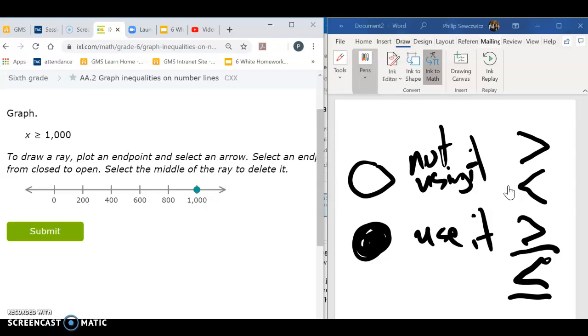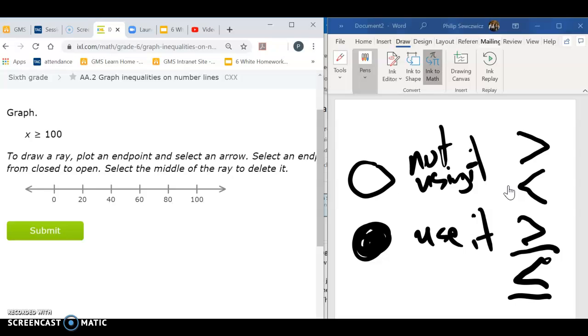Where are numbers that are bigger than 1,000, Matthew? Are they to the right or to the left on a number line? So we know we're shading this way. It is an or equal to, so we are shaded in. We're going to submit that, and there we go.